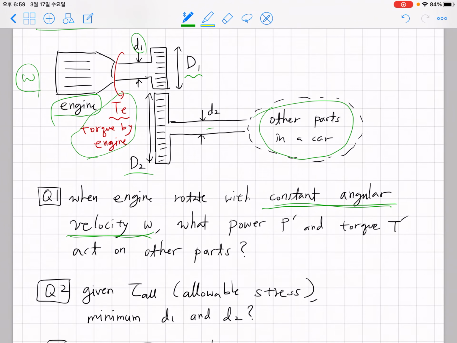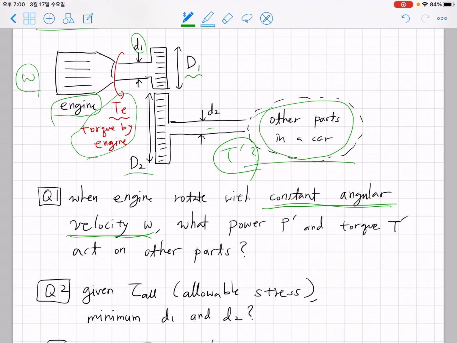So the problem is asking, when the engine rotates with constant angular velocity w, what power P prime and torque T prime act on the other parts of the car? We want to obtain that.